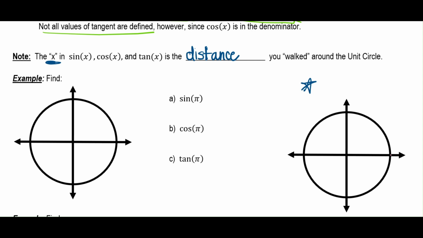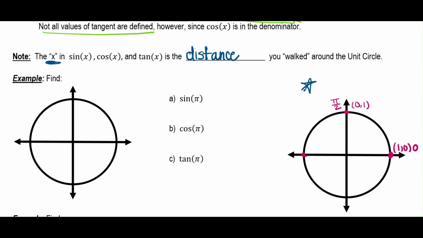So what we know is that you always start at our coordinate 1, 0, and that is also just represented as 0 for us. And then we're going to start moving counterclockwise, and our first stop is going to be at 0, 1, which we also know as pi over 2.